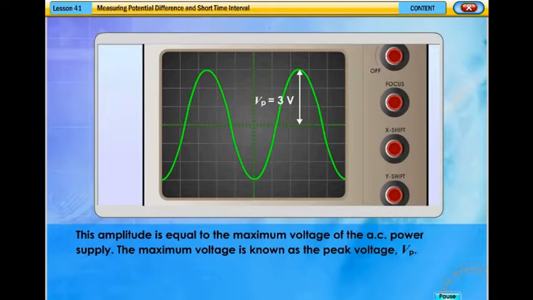This amplitude is equal to the maximum voltage of the AC power supply. The maximum voltage is known as the peak voltage, Vp.